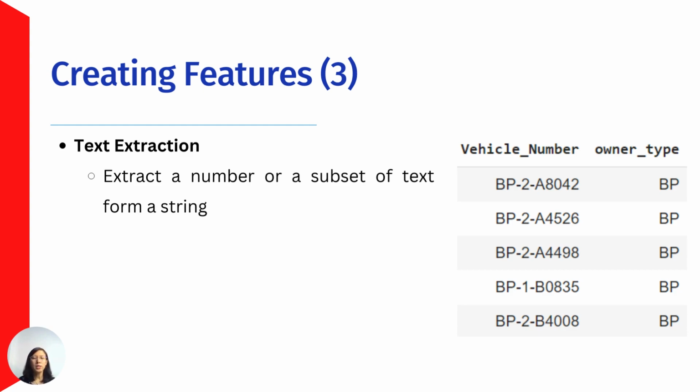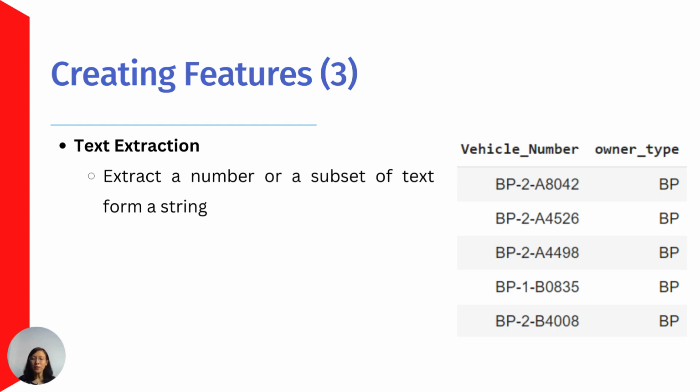For example, vehicle number is given in this data set. We know that the first two alphabets refer to whether these vehicles belong to the private, public, or government category. So we may want to extract the first two alphabets from this given string and create a new variable.